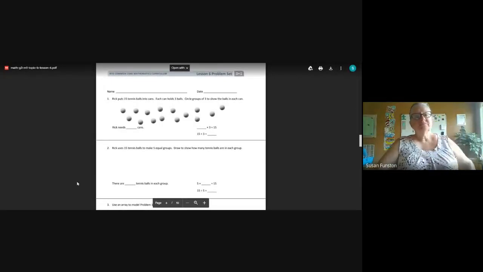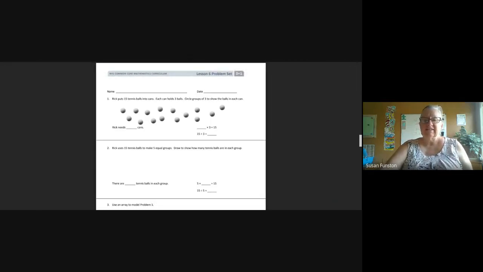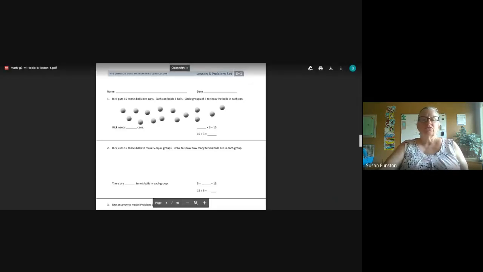Number 1 says Rick puts 15 tennis balls into cans. Each can holds 3 balls. Circle groups of 3 to show the balls in each can. Okay, so we're going to circle 3, circle 3, circle 3, circle 3, circle 3. How many cans did I need?